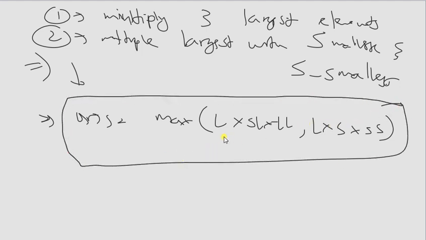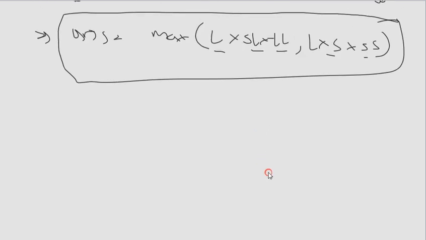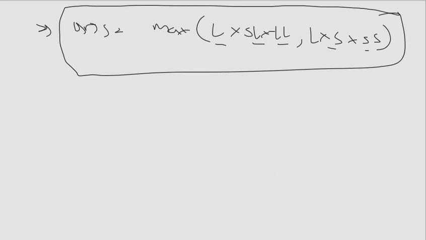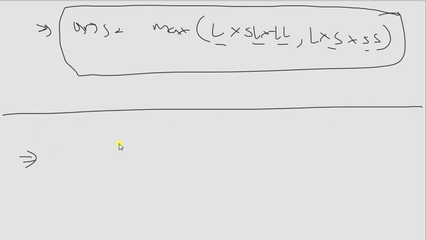Now the question is how to find the largest, second largest, third largest element and the smallest and second smallest. If you already know how we are going to do it, then you can skip to the code part directly. But I'm going to explain how to find the largest, second largest, and the third largest element. If I have an array like -3, -2, 1, 0, 8, 3 and -4, I have this array.